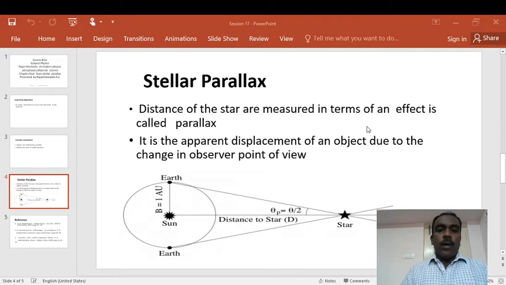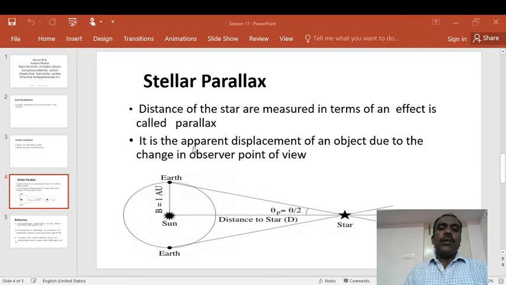That means the apparent shift in the position of an object when it is observed from two different points, in the Earth orbit, points P1 and P2. The sun is called S. Consider star S1. You see the figure.